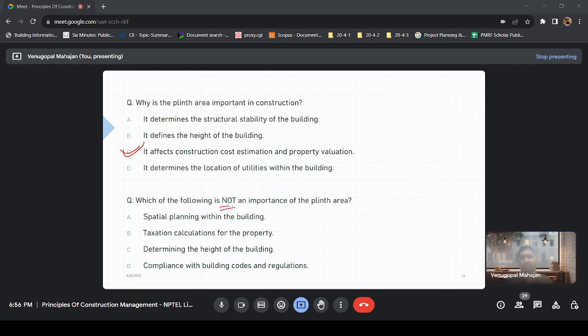Which of the following is not an importance of plinth area? You just answered the important parts. Which one? B. We have got one thing. Taxation, not C. Okay, we have got one C. What else?